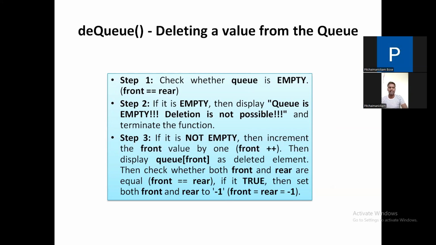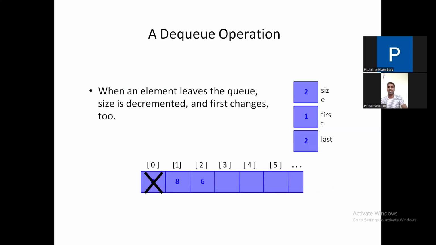If it is not empty, front is incremented by front plus plus, pointing to the corresponding position of the queue. Q of front is deleted, and we move further by one step. This is how we delete an element from the queue.